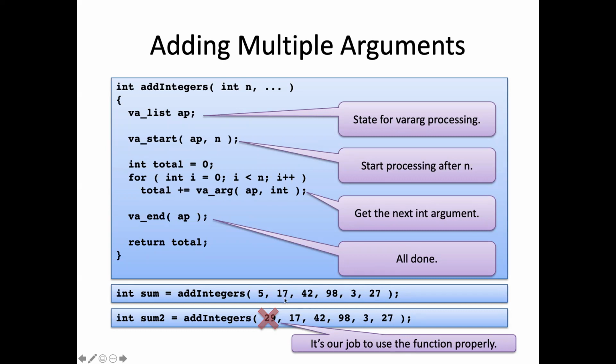We're saying add up 17, 42, 98, 3, and 27. I skipped over the 5 because that's what I'm using to say how many arguments follow. I'm going to use the first parameter as a way of telling the function, I'm about to give you 5 numbers, and I want you to add them all up.